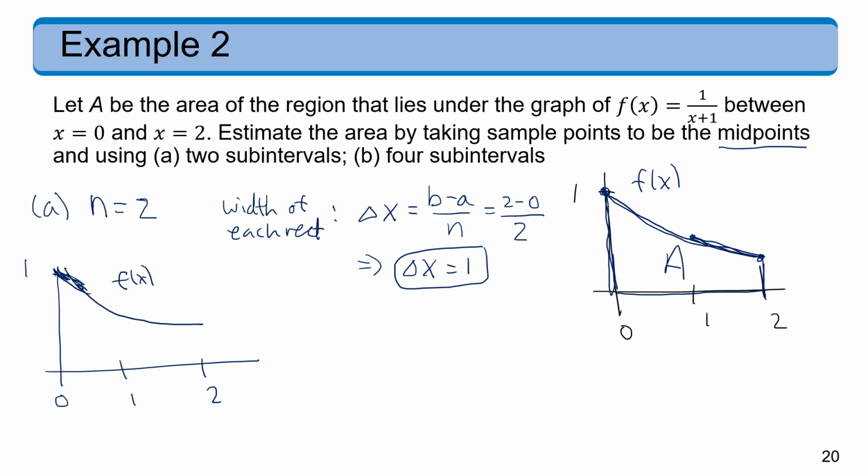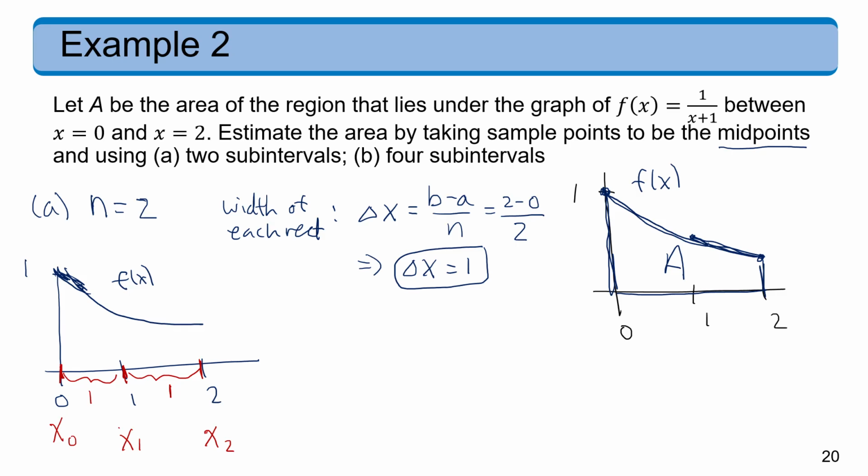We could call the left endpoint x sub 0, and then we need to go 1 unit to the right because our delta x is 1. That takes us to our next tick mark, which happens to be the number 1, but we're going to call it x sub 1. Then we go another delta x to the right. That takes us to 2, our next subinterval marking, and we call that x sub 2.